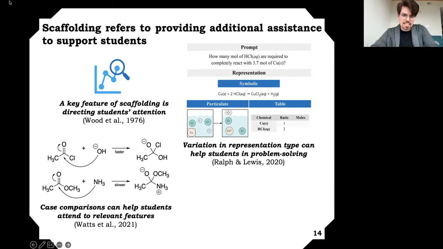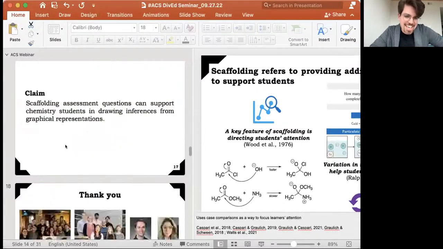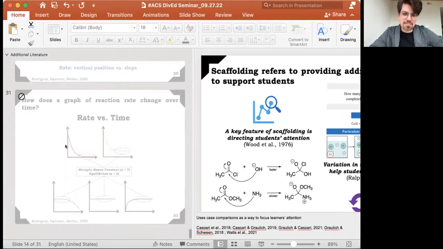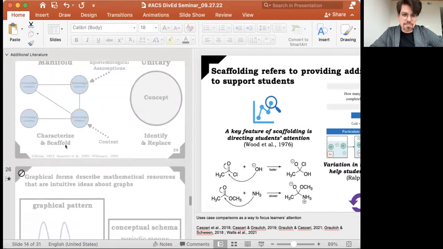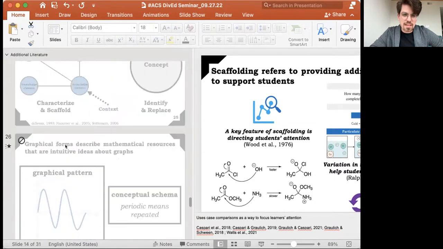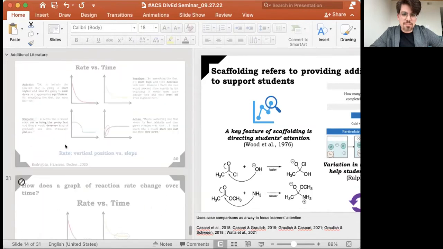Boy, can I. Let me dive into some of the hidden stories. A lot of the work that I've done has looked at students' graphical reasoning. I don't have that slide here.